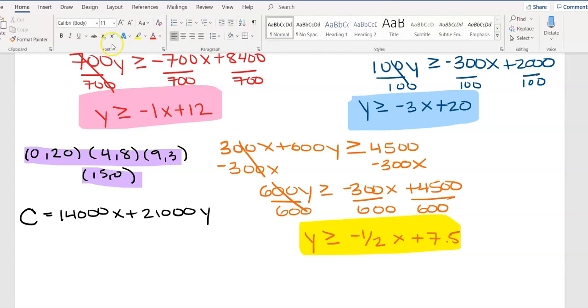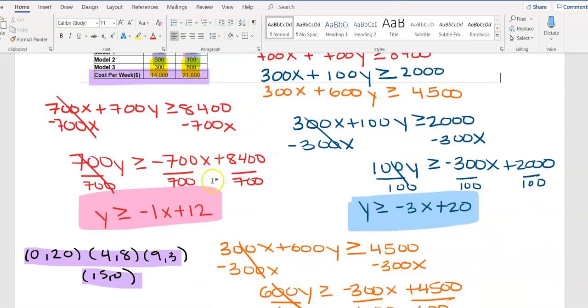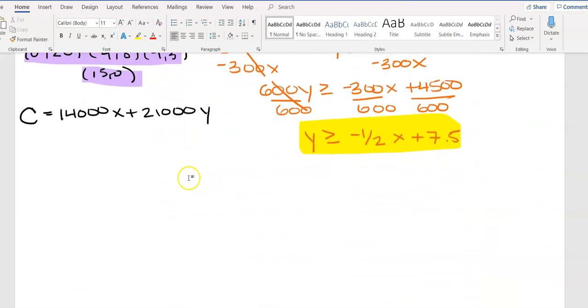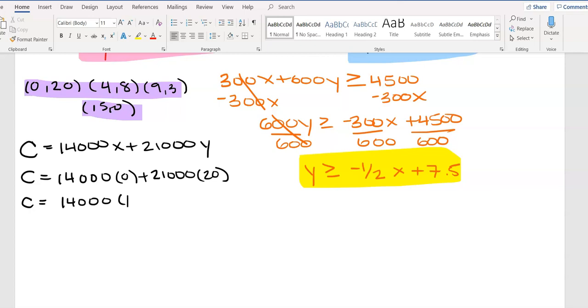Let me just triple check to make sure I had that right. So 14,000 and 21,000 for facility A and B, so that would be it. And then all you have to do is take those ordered pairs and plug them each in for the cost equation, and you will find which one is going to give you the minimum.